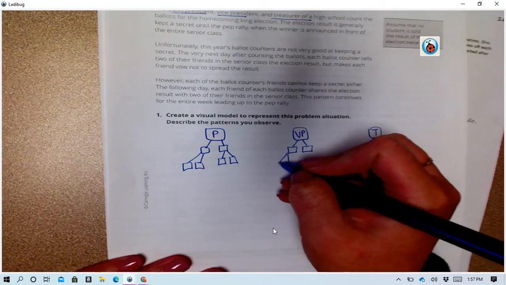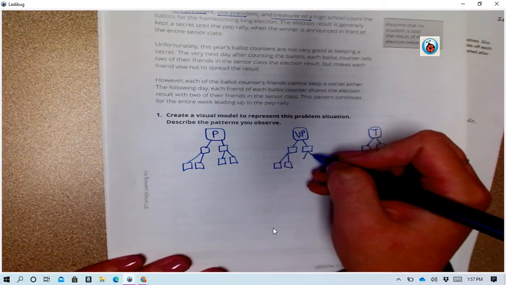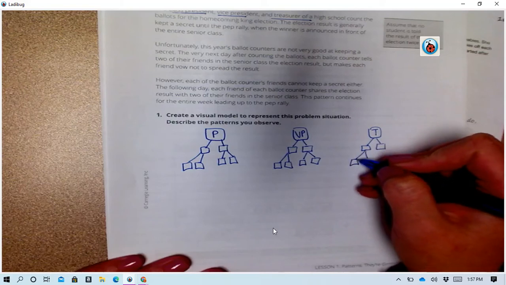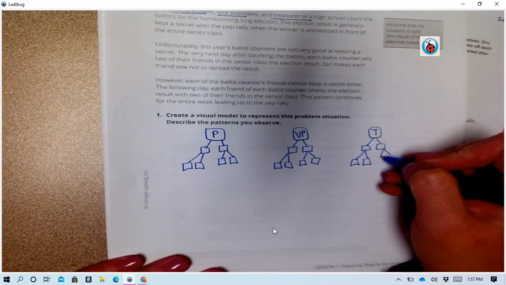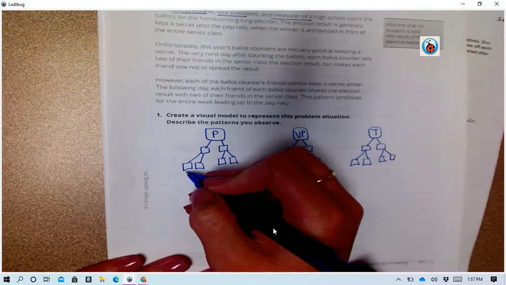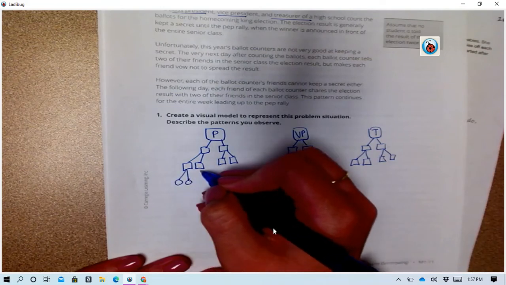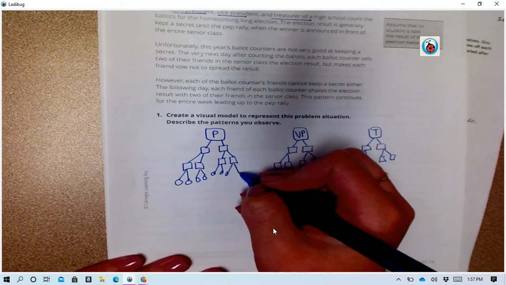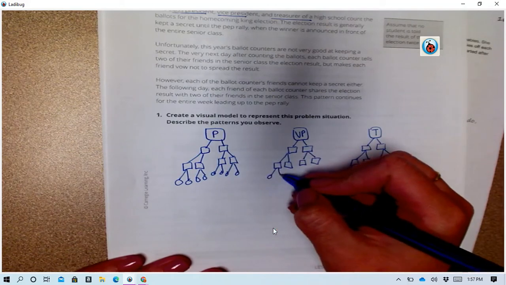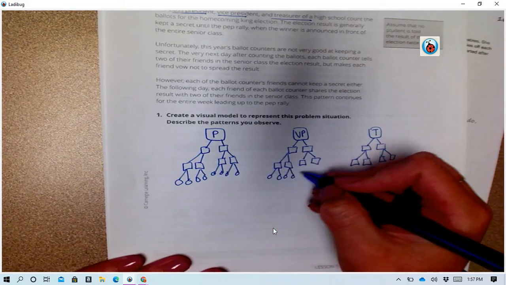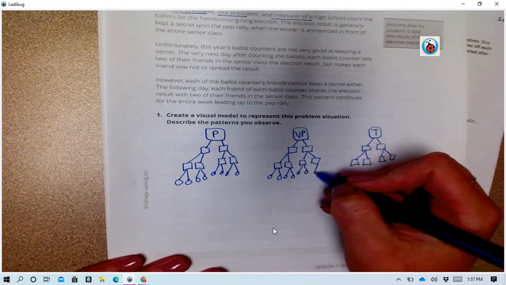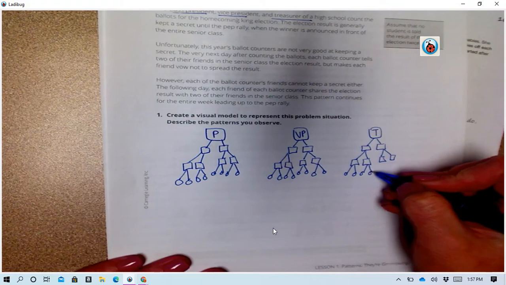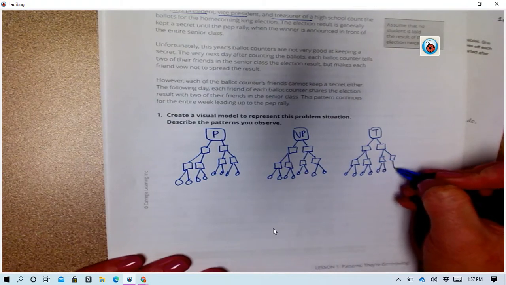And then those 2 friends tell 2 friends. Then these are going to tell 2 friends. And that's as far as I'm going to go with this pattern.